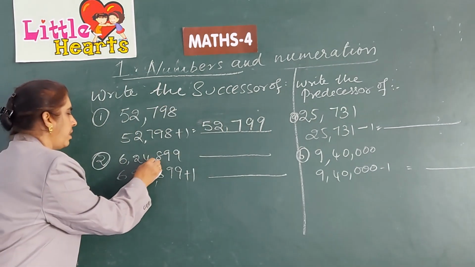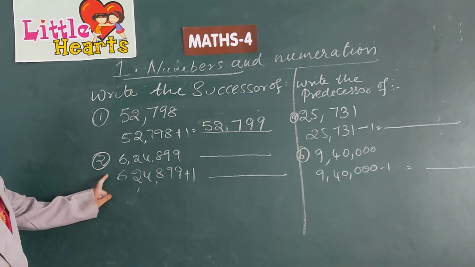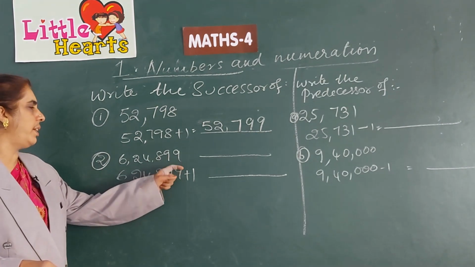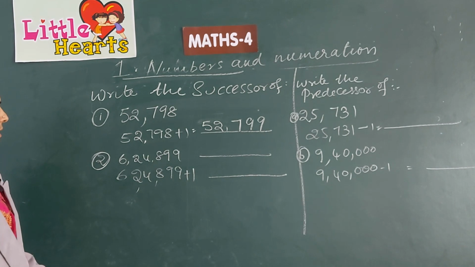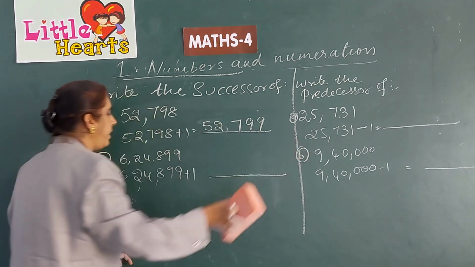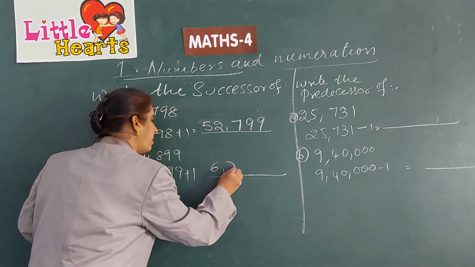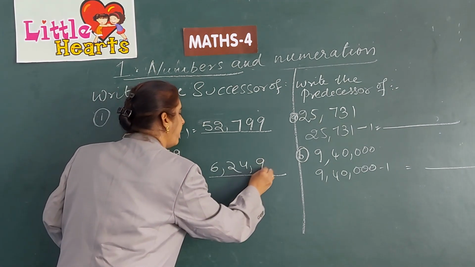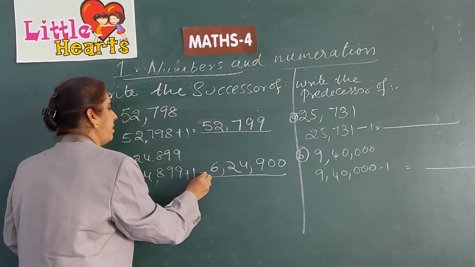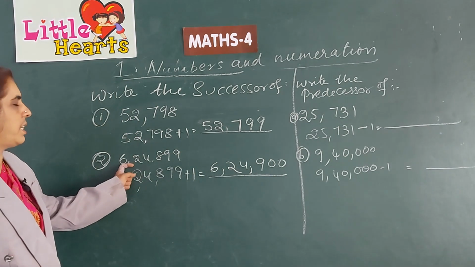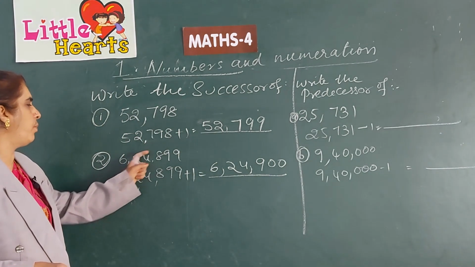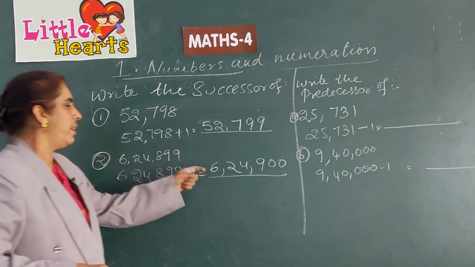This is the successor. Next, 6,24,899. 6,24,899 plus 1 gives you 6,24,900. This is the successor of the number 6,24,899.